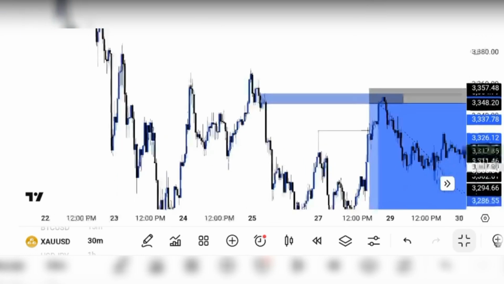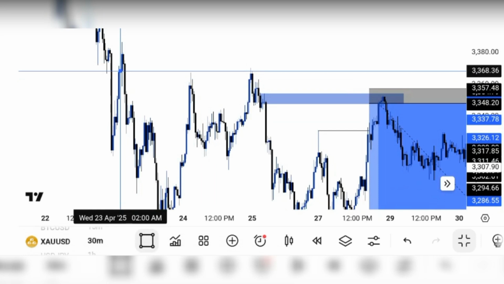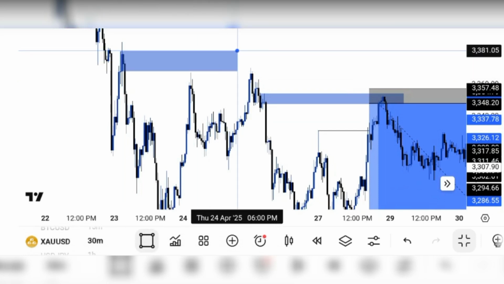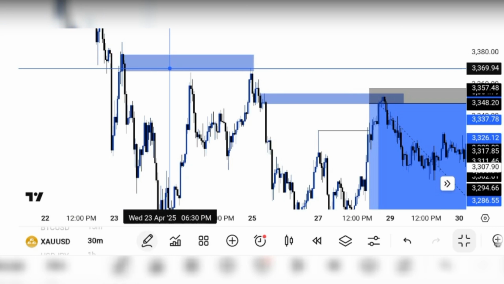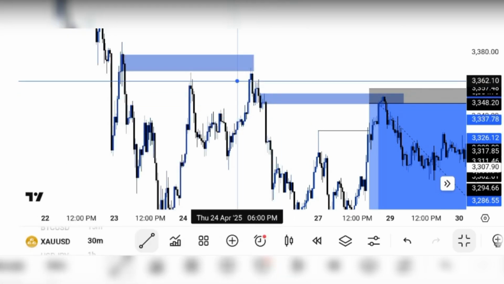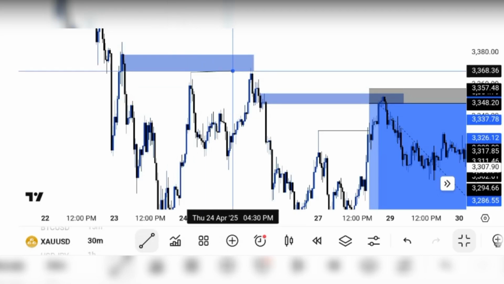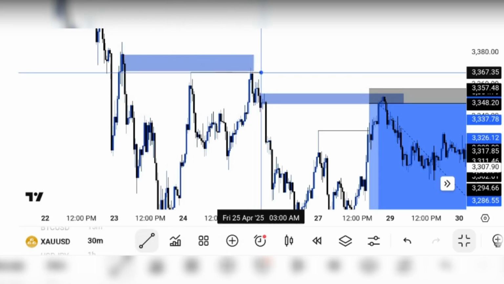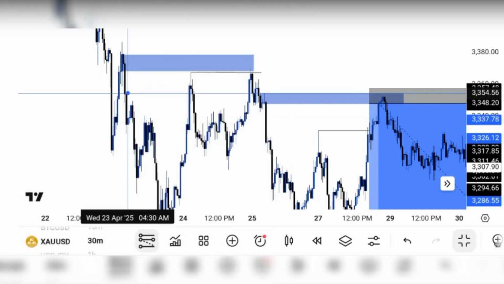You can see that we have another order block on the sell right here. This is another order block here. When you have this order block, you don't want to trade directly. You need what? You need liquidity. You can see that price creates liquidity right up here. So when you have your order block, then you have your liquidity.